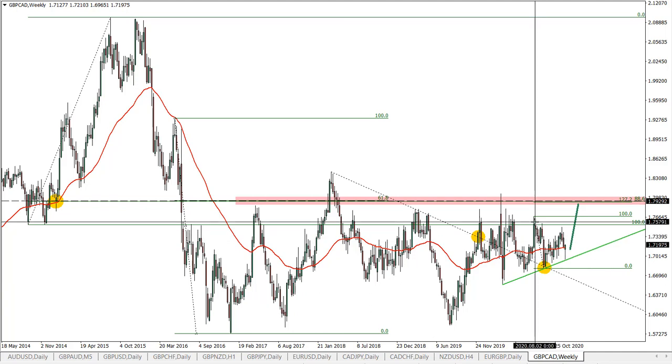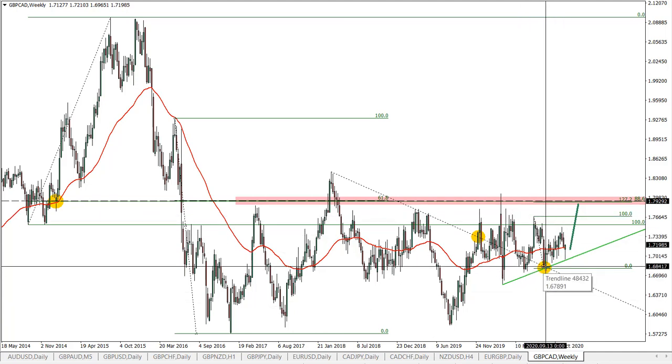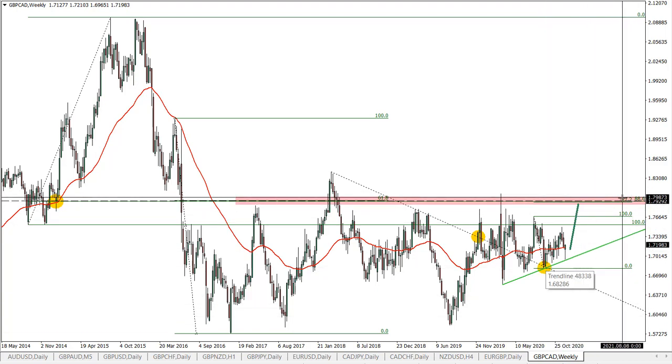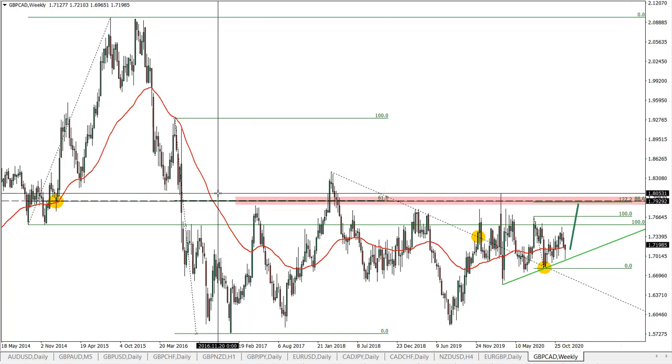And finally, I have used this last correction where price rejected the trend line, and we see that 127.2 also corresponds to this price area. It is more or less at the same spot, plus minus 20 pips, but this makes it not a level but an area, a resistance area.